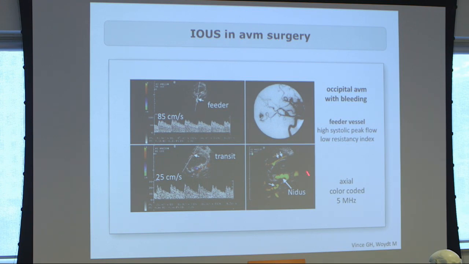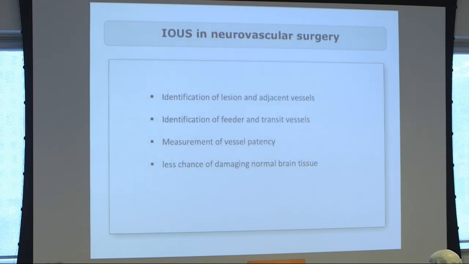So power mode won't give you this information, but it does show you the nidus and these blood vessels in the vicinity. So in neurovascular work, it's a great help. You can identify lesions and vessels. You can make sure that you've actually removed whatever you want to. You can differentiate between feeding blood vessels and transitory blood vessels.